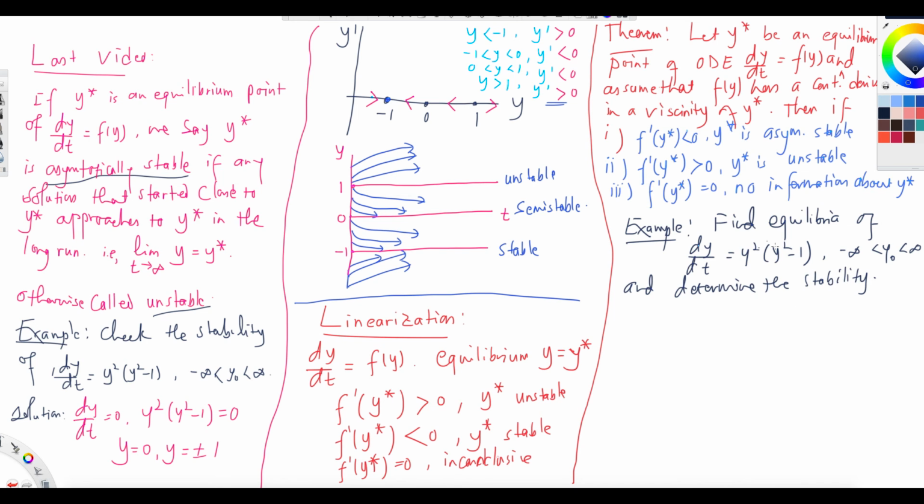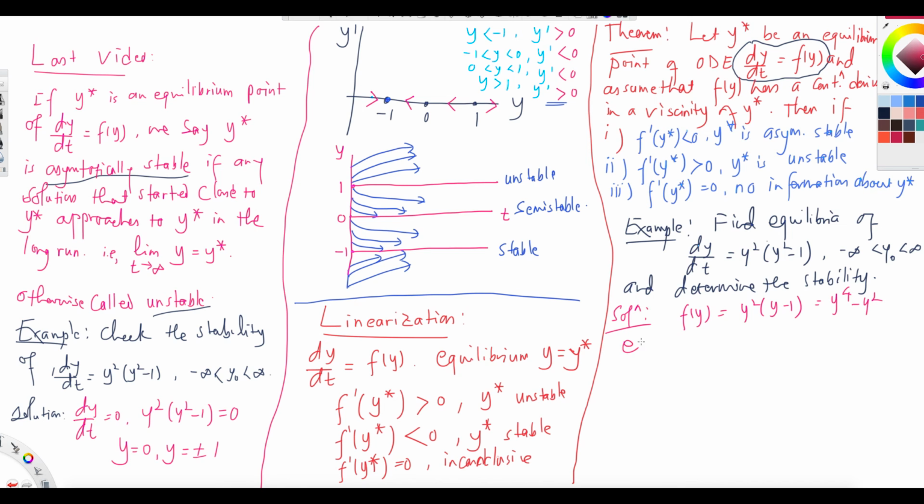Okay, guys, look at this. What is f of y? This right hand side is f of y, because the differential equation is dy over dt equals f of y, right? So let's write down the solution. f of y is y squared times y squared minus 1, that means y to the 4 minus y squared, right?